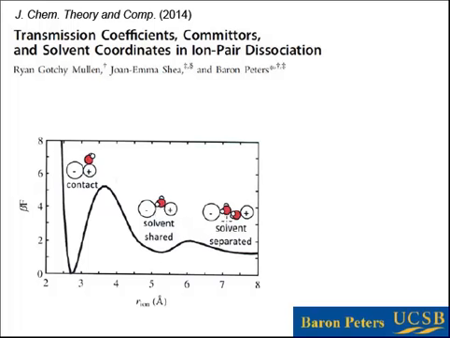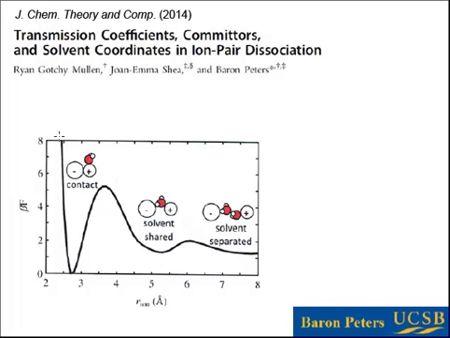If enough water gets between them and the two ions get far enough apart, we call it a solvent-separated pair, and these two ions become effectively independent of each other and completely screened from each other, and they can then diffuse off to infinity and completely lose track of what the other one is doing.